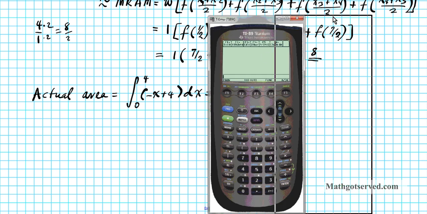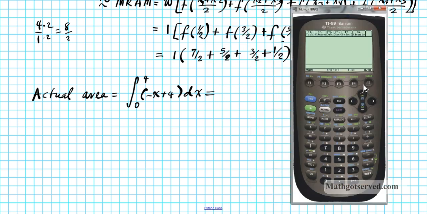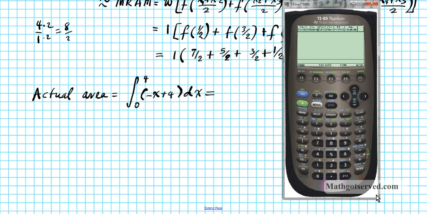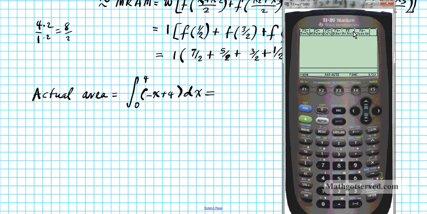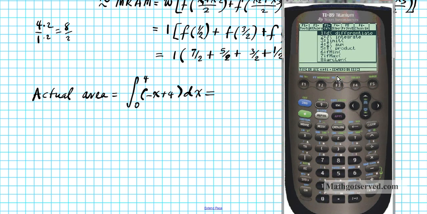I'm going to be using the TI-89 Titanium to show you. This syntax is similar to the standard TI-89 calculator too. We're going to go to the calculus menu, F3. Let me make it a little bit bigger so you can see clearly. F3 gives us a bunch of calculus functions.